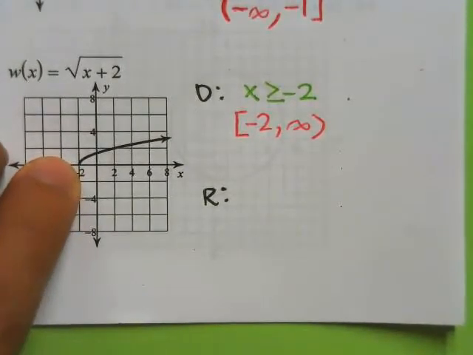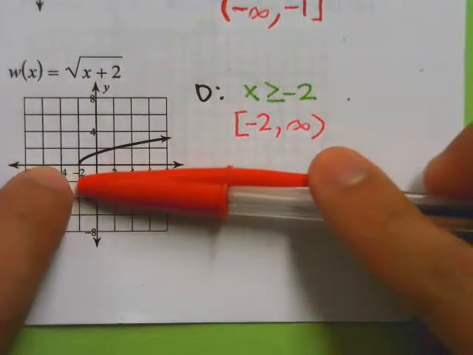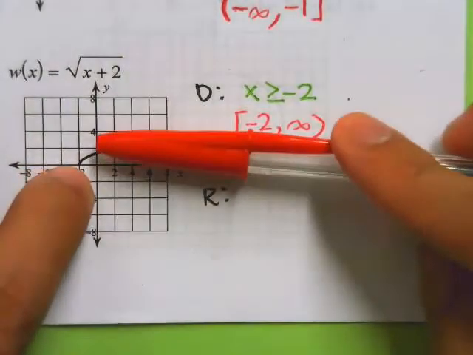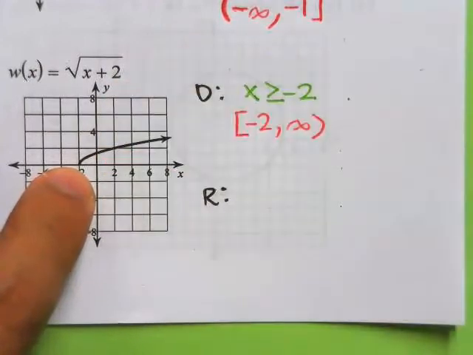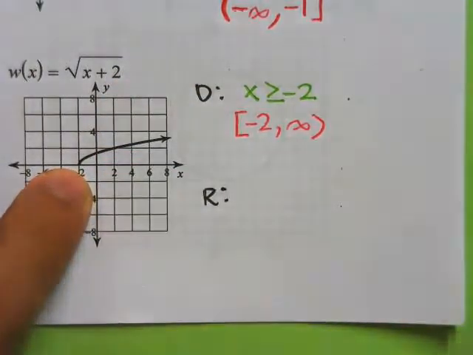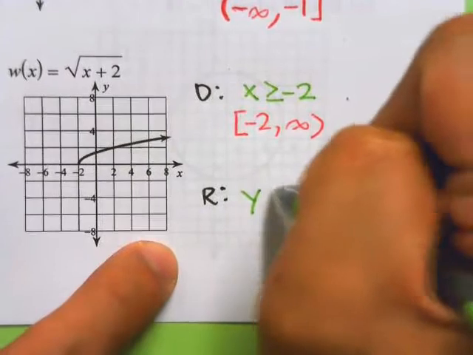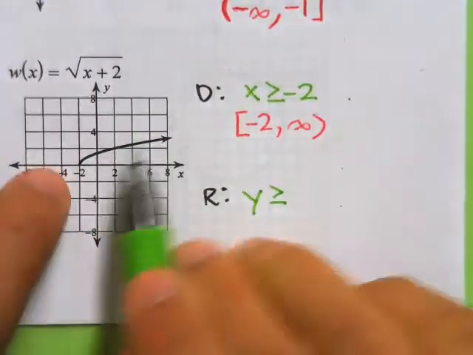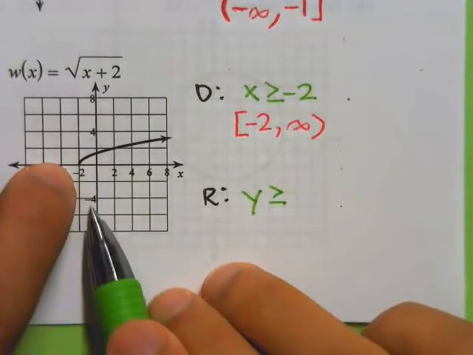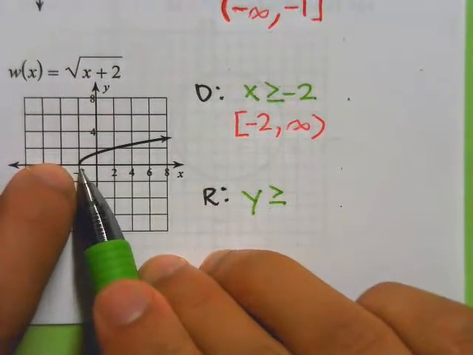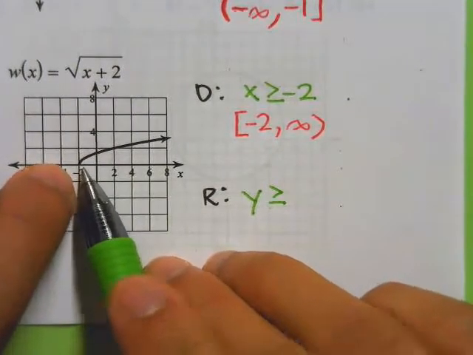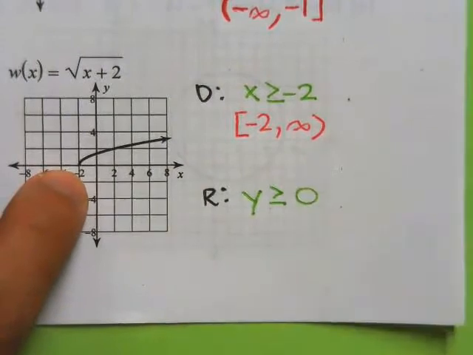Now let's take a look at your range. For your range, nothing is going downwards over here, but everything is going upwards. So since everything is going upwards, we want y greater than or equal to, and there's nothing negative over here, but it looks like it's going to start at 0 because your starting point is -2, comma 0. So it's going to be 0 like this.